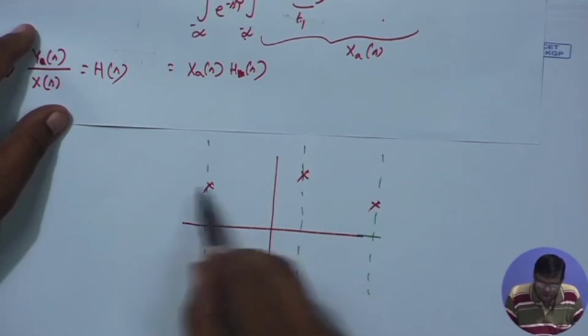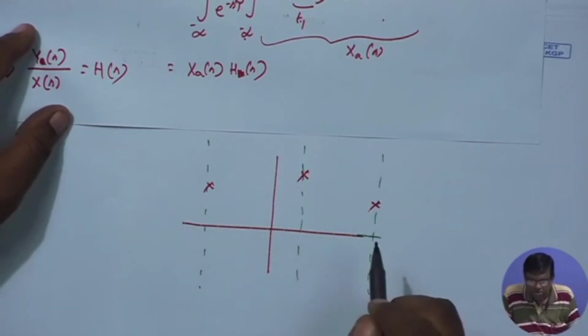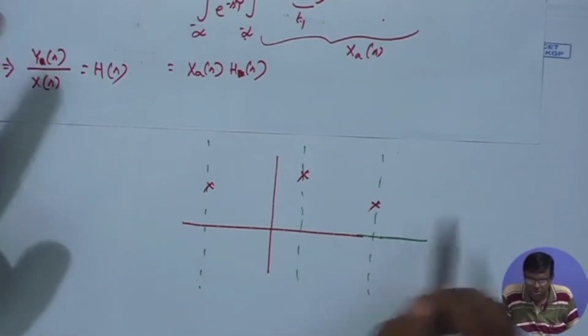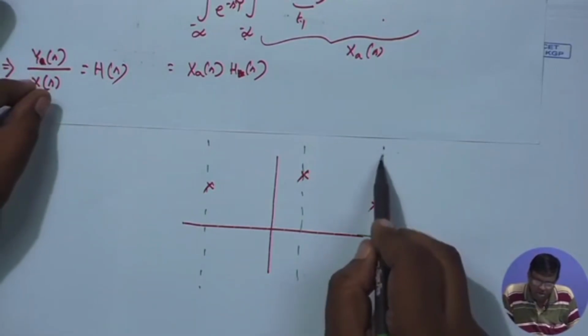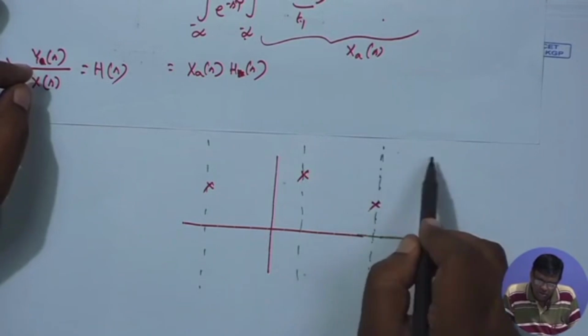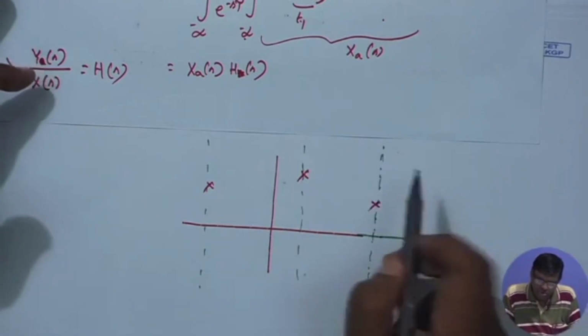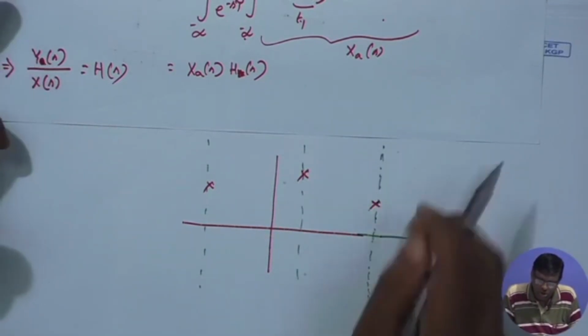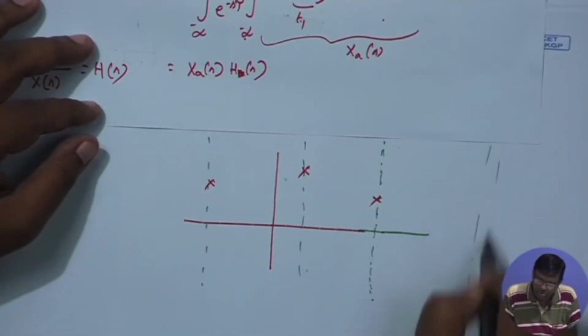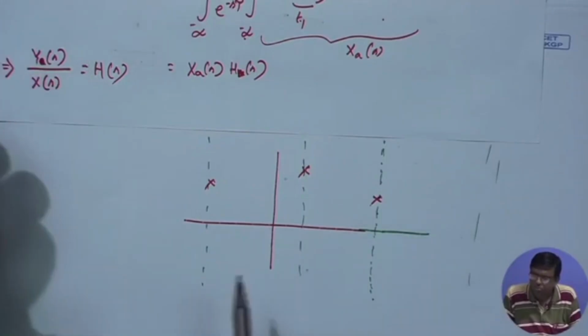Now, these poles cannot be part of the ROC. At the same time, you have seen that for linear time invariant systems, the ROC of a Laplace transform will be governed by strips, vertical strips. This vertical strip should not contain any pole.